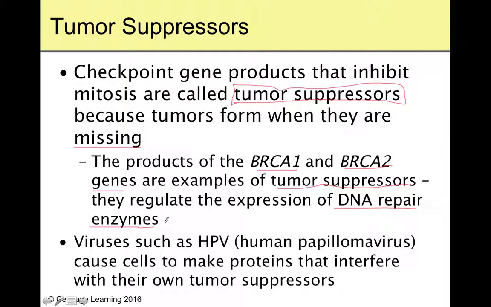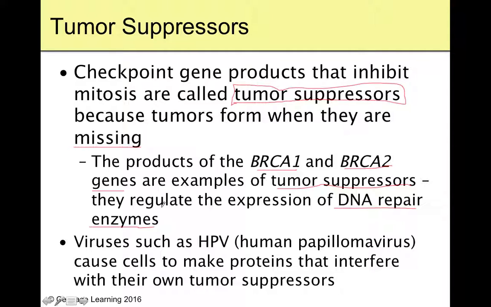The DNA repair enzymes fix errors in your DNA, and if your DNA is being repaired, even though it's being mutated or mistakes are being made, you are going to be combating the probability of having cancer. If these two are not being expressed abundantly, then you're not suppressing these tumors, and your likelihood of developing a tumor and cancer are significantly increased.